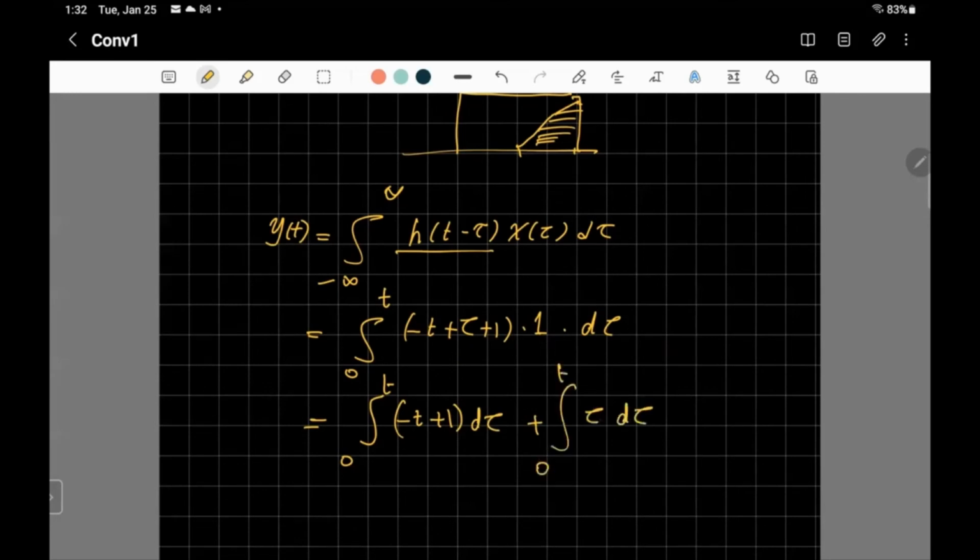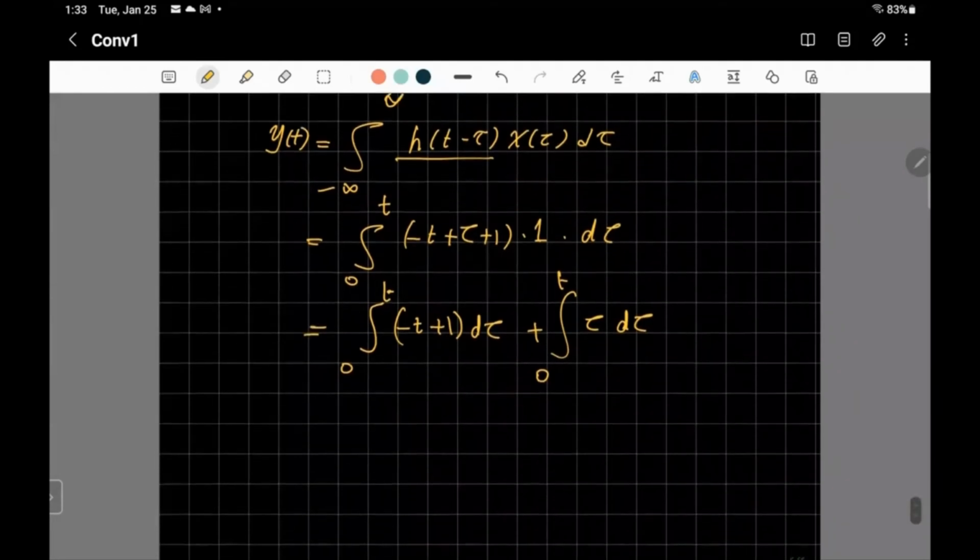Why am I doing that? Because I want you to remember tau is the variable, t is a constant. That's why I am breaking t from 0 to t. And t is constant with respect to tau. So you leave tau by itself, and the rest of the numbers keep, so as not to confuse yourself.